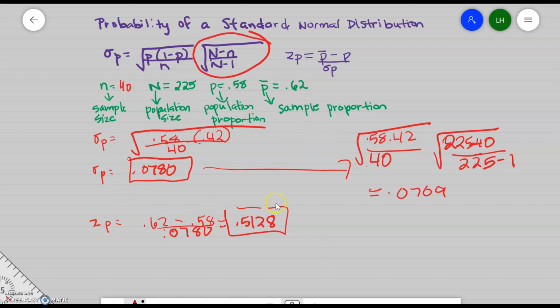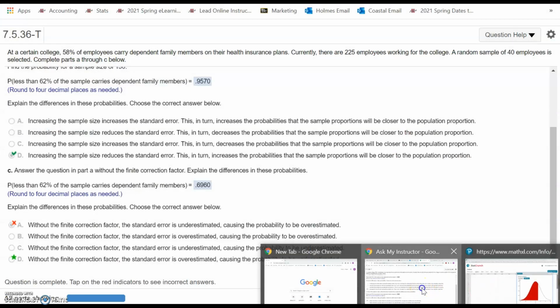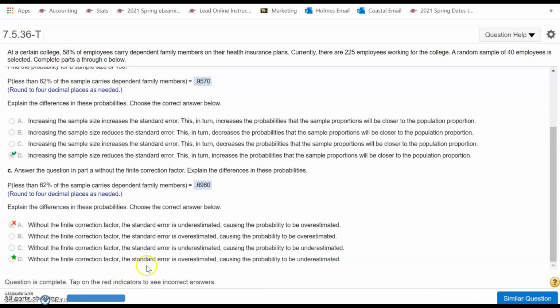Okay, so you can see here that without it, this is larger. So the standard error is overestimated. And that makes the probability be underestimated because the probability is lower.